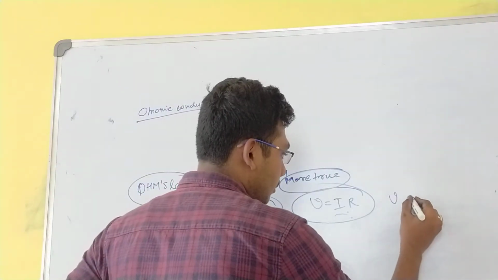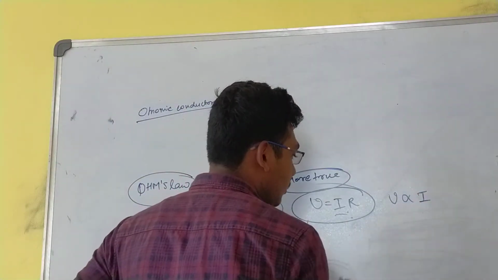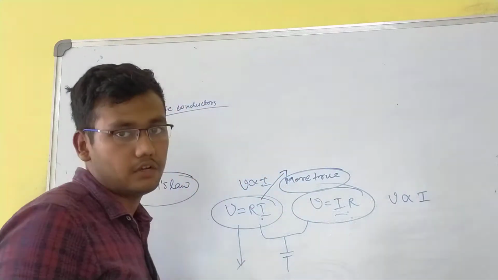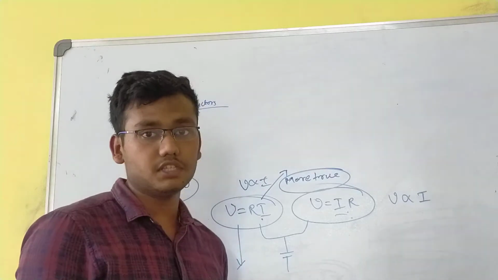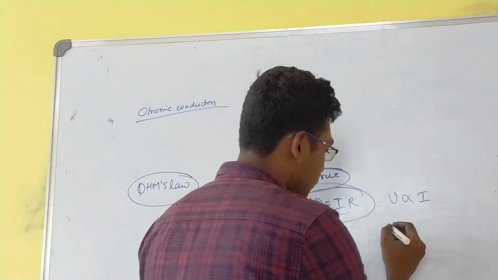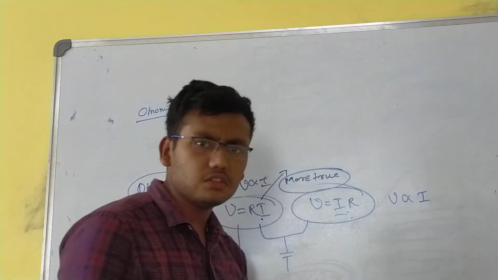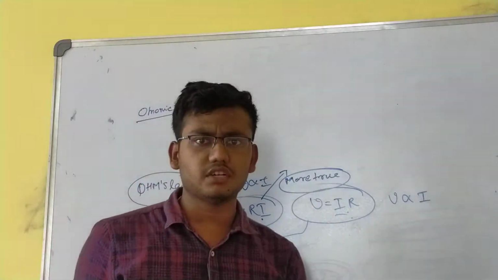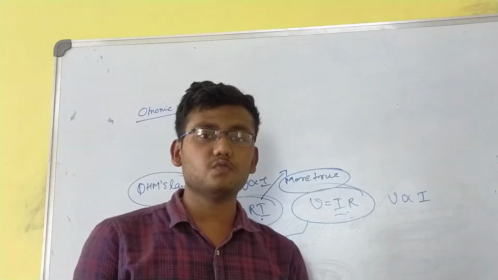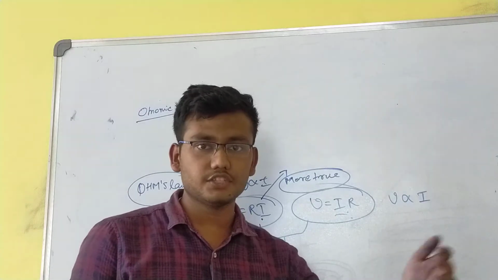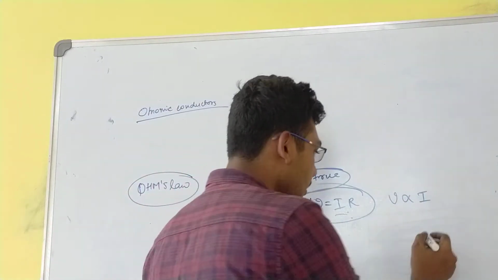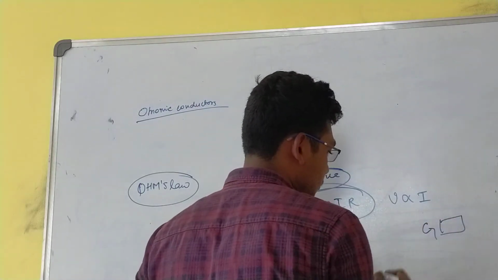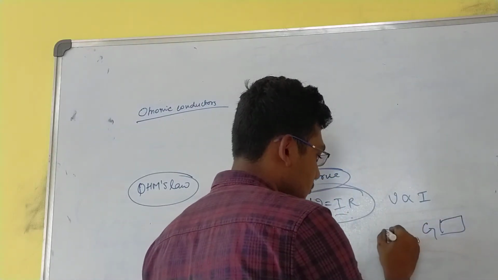In writing every equation, where do we put the proportionality constant? Before the dependent variable or after it? From class 9th onwards, we have been learning about constants. The first constant in class 9th was the gravitation constant G, which we used to put before the formula for the force.